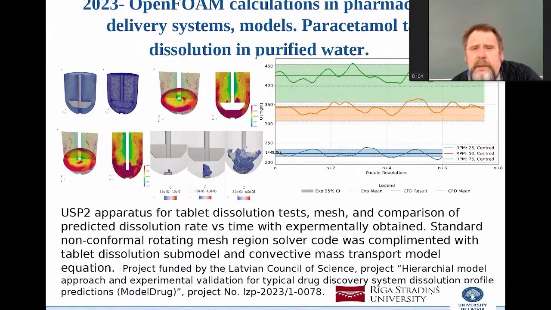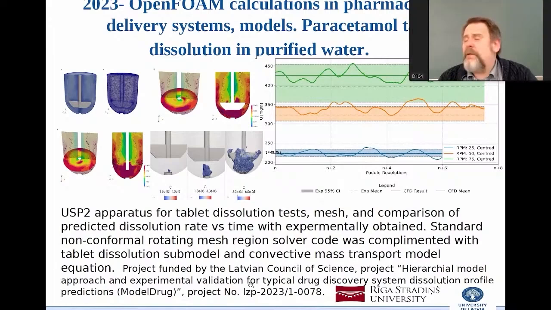And finally, the last one is something totally different. I think Monty Python had this line somehow. Something totally different, yes. And this is related to OpenFOAM calculations, which are used in medicine, in pharmacy science, and we are modeling it right now in a drug delivery systems project.